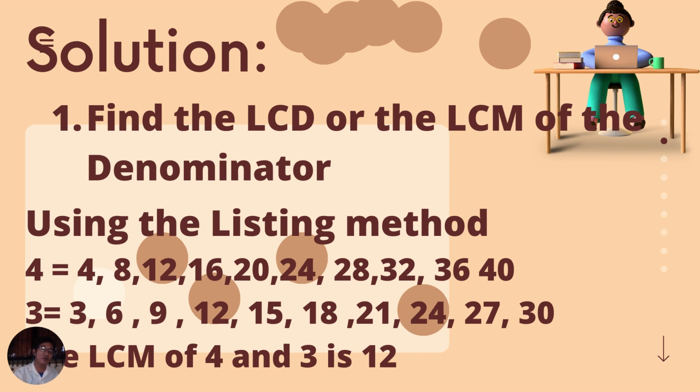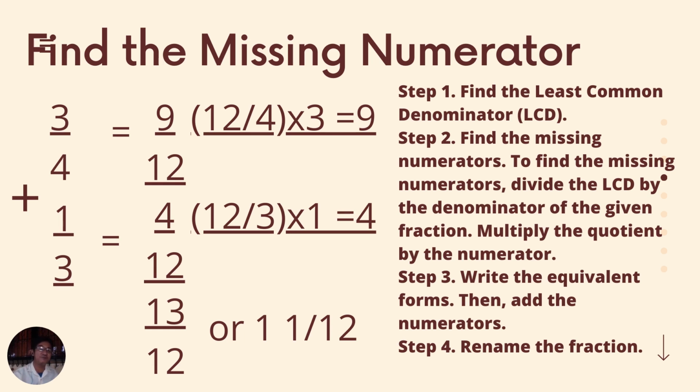We have to find the common multiples of 4 and 3. Common multiples of 4 and 3 are 12 and 24. And the LCM of 4 and 3 is 12. So we use 12 as our LCD.